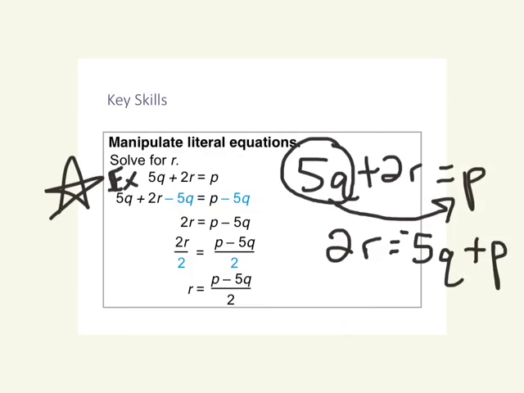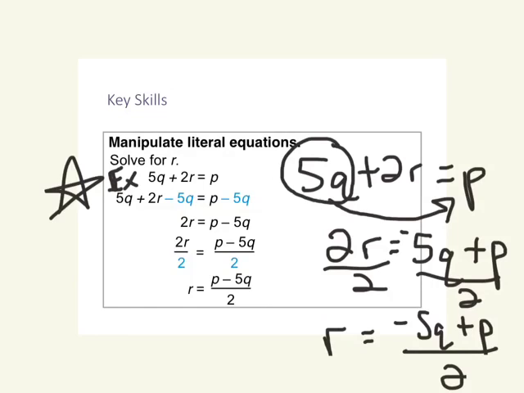Now we're going to get the variable r by itself. To get r by itself, we got to get rid of the number 2. 2 is being multiplied by r, so we would divide both sides by 2. And we have to divide the entire side by 2. So our final answer is negative 5q plus p, all of that divided by 2.